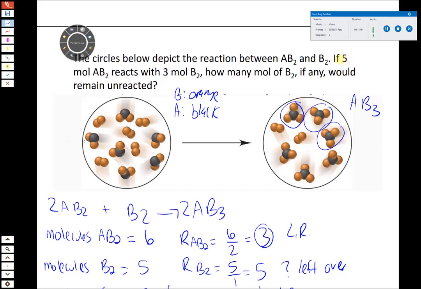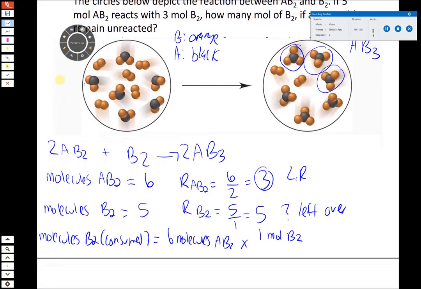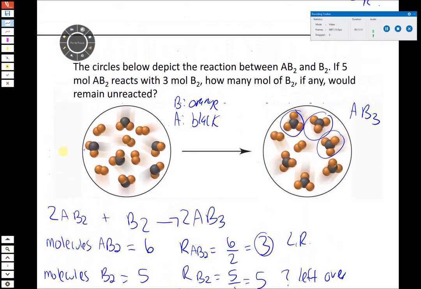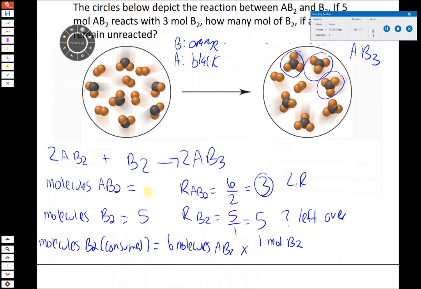So here we're reacting 5 moles of AB2. I counted the number that were in the picture. That's probably where I got confused, the same way many of you did. So don't look at the pictures to figure out how many molecules we have. We're actually looking at 5 and 3, because that's what it tells us in the problem.